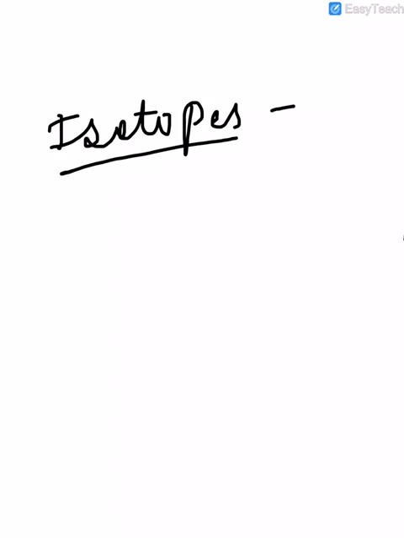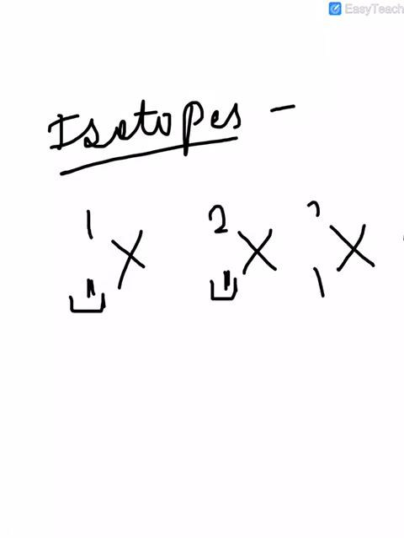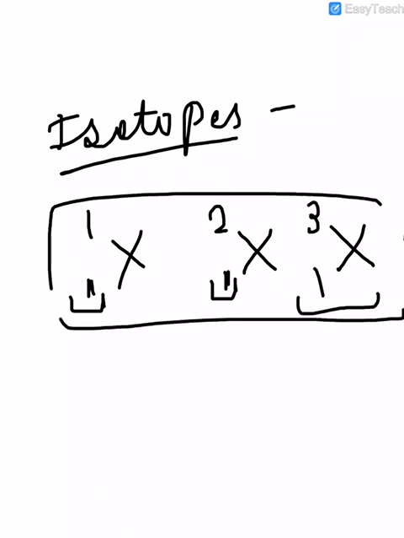Now our next term is isotopes. The species having the same atomic number but different mass number are called isotopes, right. If I write X here and X here, when the atomic numbers are the same, say I write 1 here, but the mass numbers are different, 1, 2, another species 1, 3, then these three are isotopes.